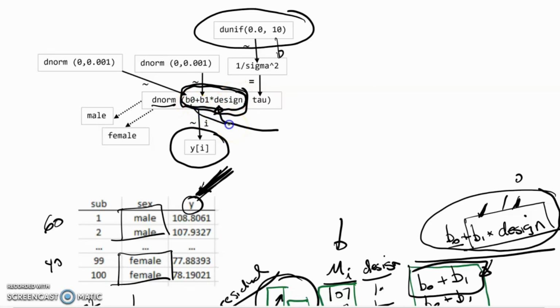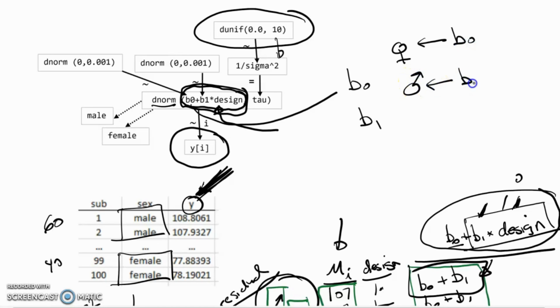And so what we're trying to get are the posterior distributions of B0 and B1, because if we've got those, then we can get our female wing lengths as B0 and our male wing lengths as B0 plus B1.